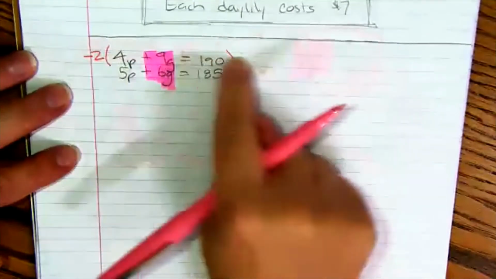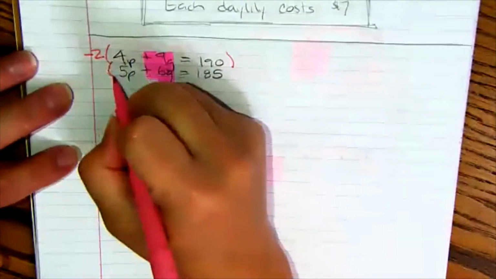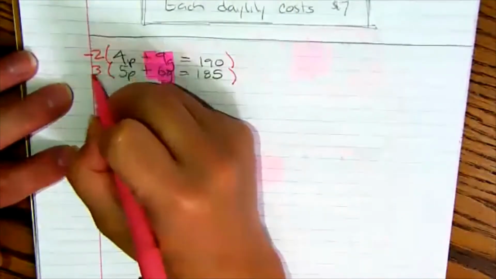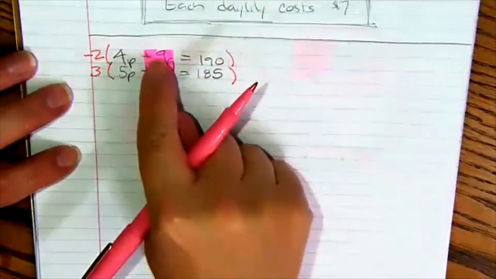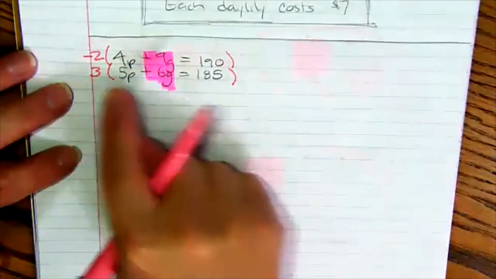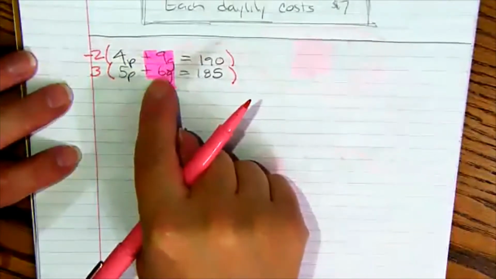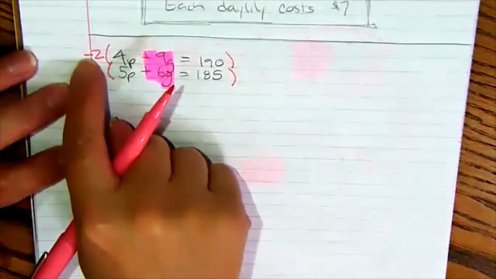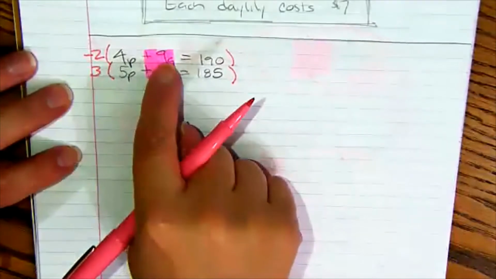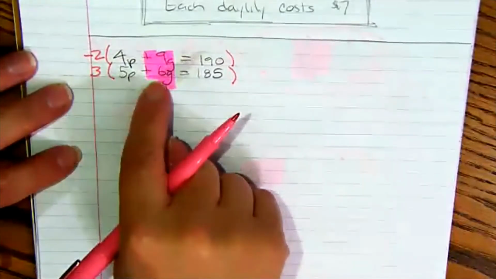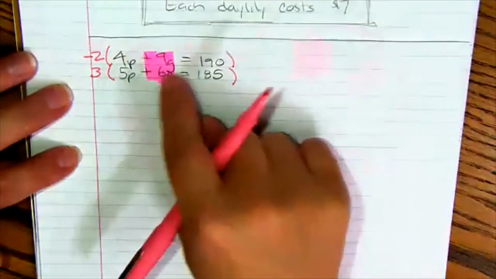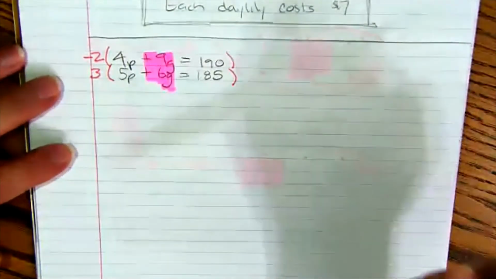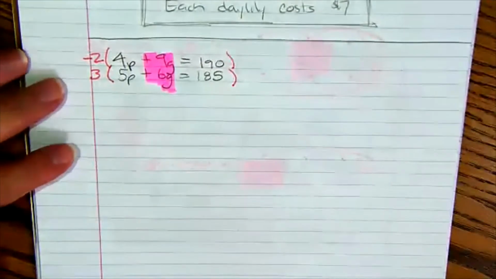So I'm going to multiply my top equation by -2 and my bottom equation by 3. Because 2 times 9 is 18 and 3 times 6 is 18. So -2 times 9 is -18 and 3 times 6 is positive 18. So when I rewrite my new equations, these will cancel each other. The geraniums will be eliminated.